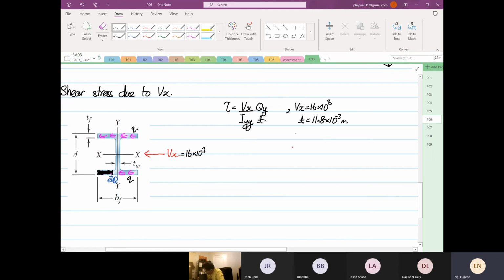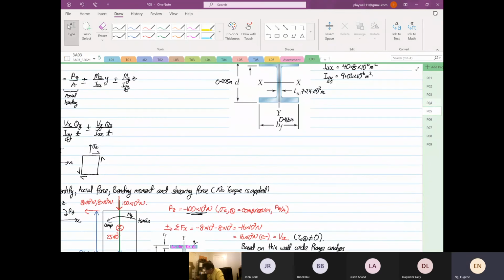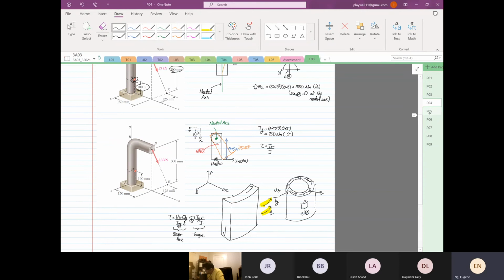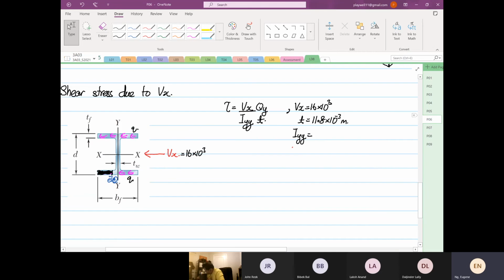So Iyy, we also know, right? So Iyy is equal to 9.03 times 10 to the power minus 6. Okay, so there's your Iyy. So from here, you need to find your Qy.